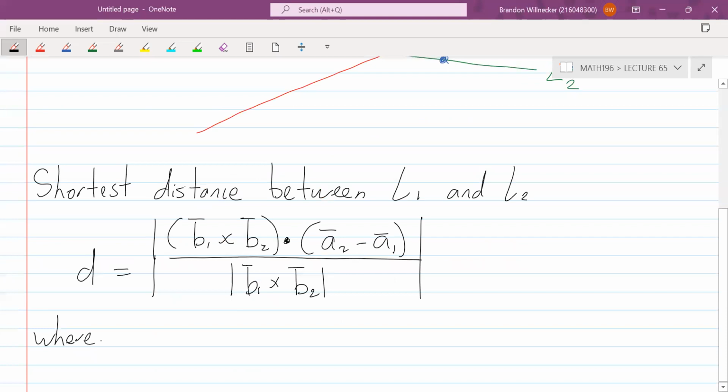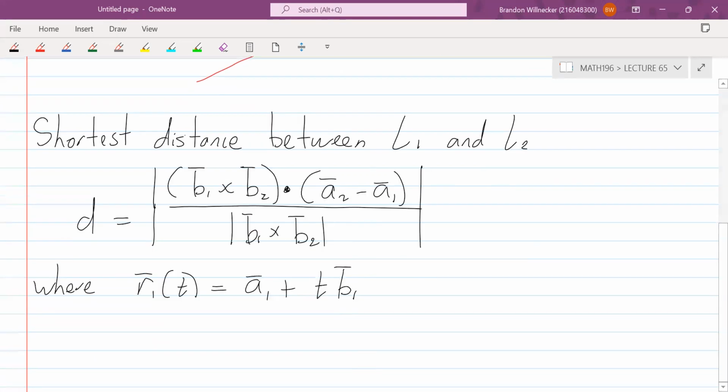Let's say R1 corresponding to L1 is given by A1 plus T times B1. So instead of R0 and V, I'm using A1 and B1 to go with the line L1.